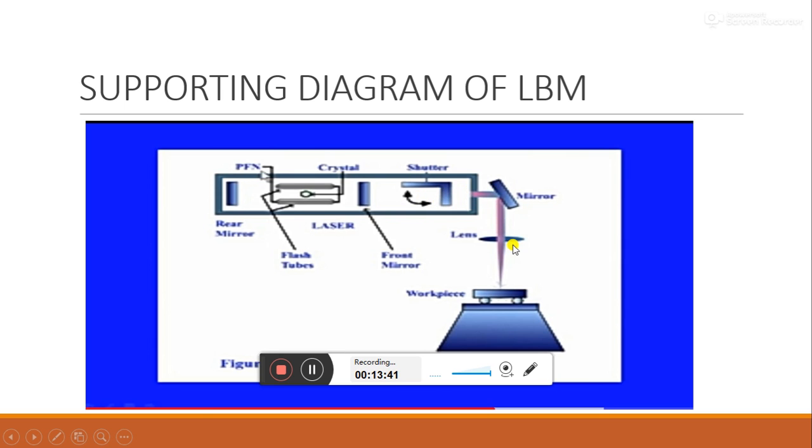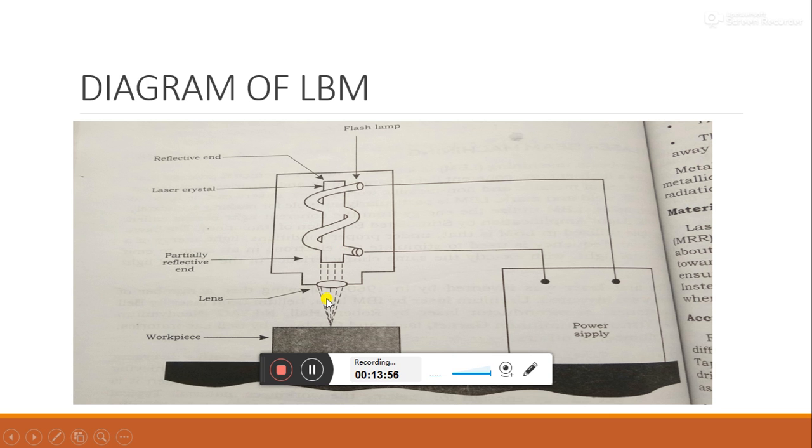In this diagram, the beam is focused on a mirror, and you have a lens arrangement, but in this diagram the lens is shown here. So the area through which the beam is taken out is called the partially reflective end, and it comes out through a lens, and here you have the arrangement to control the beam.